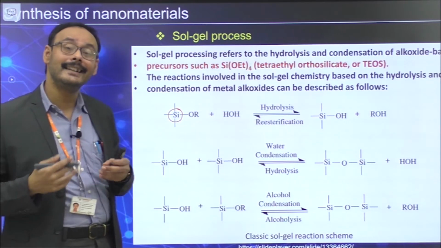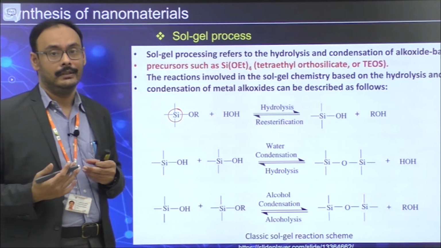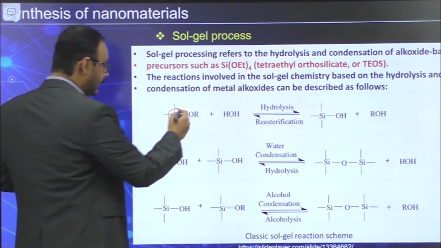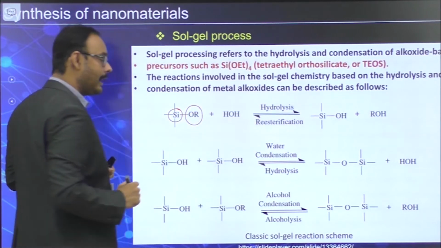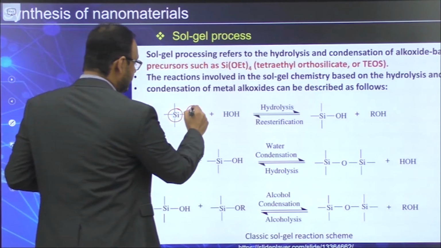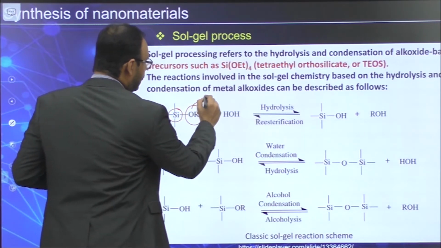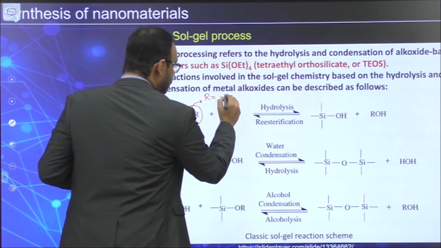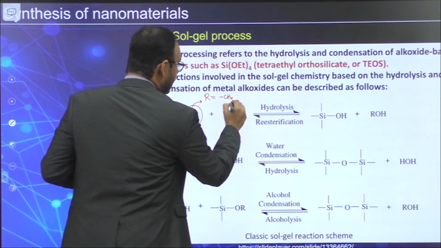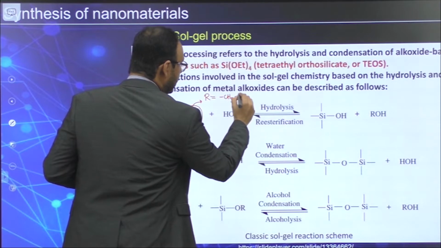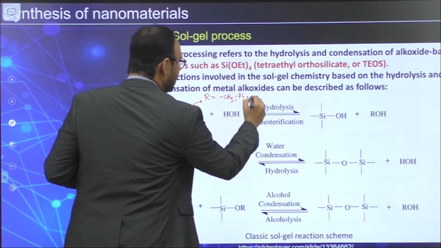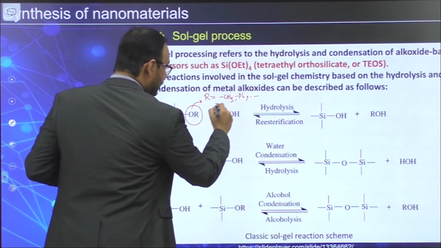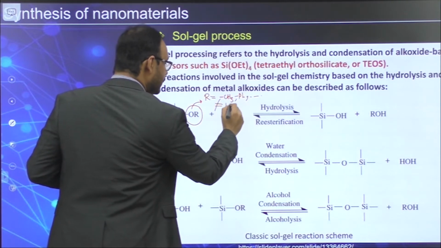Hydrolysis means essentially addition of water. Once you have this kind of compound, what is this? This is essentially R equals, it could be CH3 or it could be Ph or it could be something else. But this cannot be hydrogen.